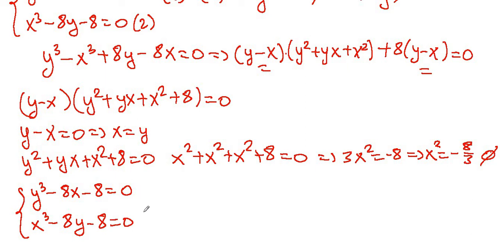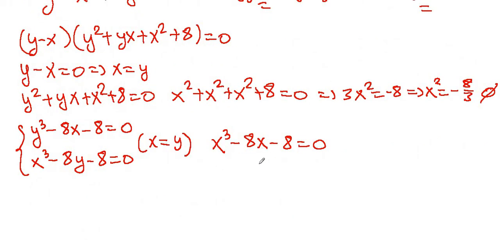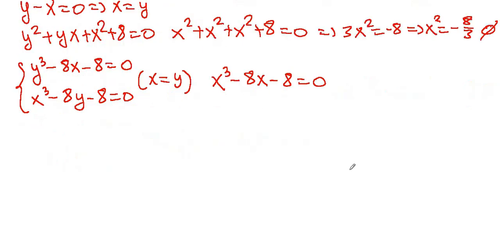So taking into account that x is equal to y, if we substitute into the first equation, we'll get x cubed minus 8x minus 8 is equal to 0. So it's enough to solve now this equation to find the real solutions of x. So let me now rewrite this equation here, x cubed minus 8x minus 8 is equal to 0.